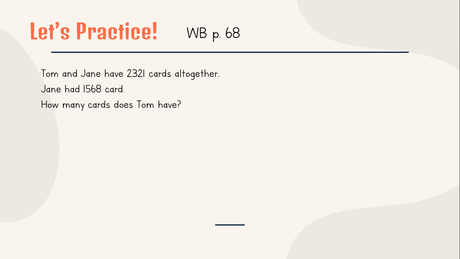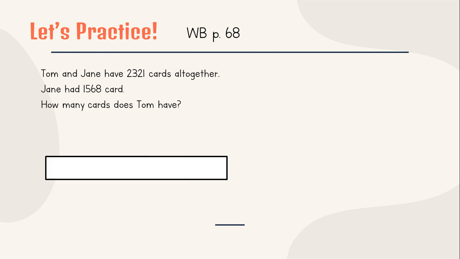Tom and Jane have 2,321 cards altogether. Jane had 1,568 cards. How many cards does Tom have? I give you 10 seconds to think whether you add or you subtract. So what do we have to do? First of all, if you are confused, you can draw the models. So Tom and Jane have 2,321 cards altogether.